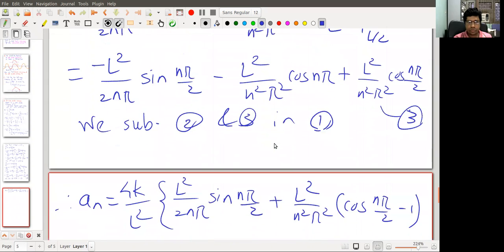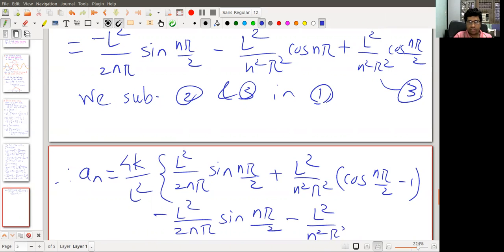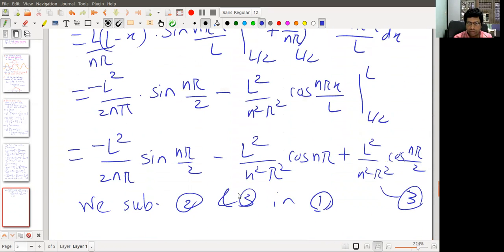Okay, so we write minus L square upon 2n pi sine n pi by 2 minus L square upon n square pi square cos n pi, and plus L square upon n square pi square into cos n pi by 2.